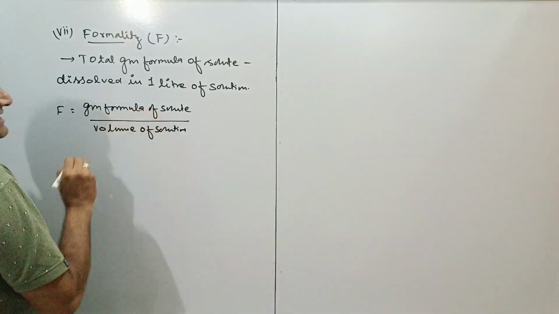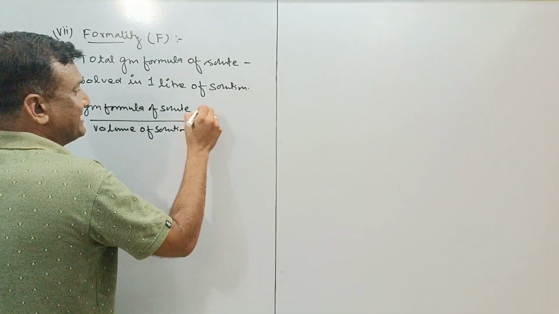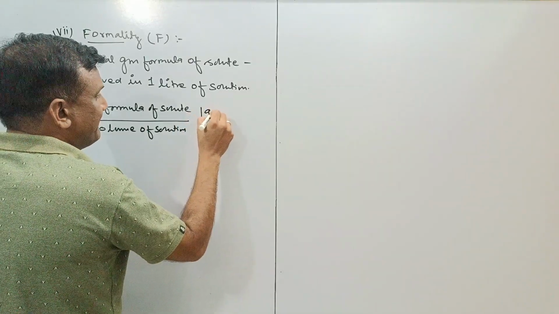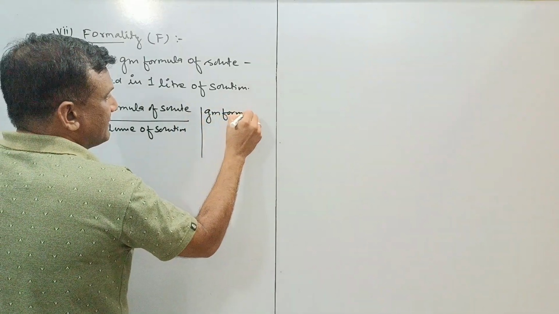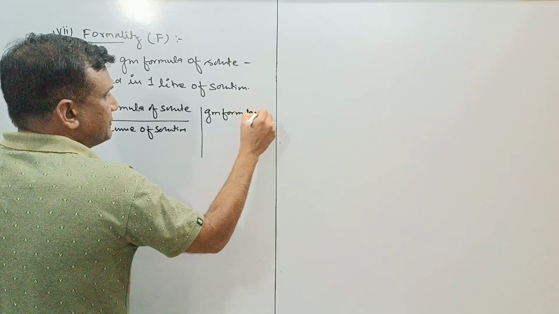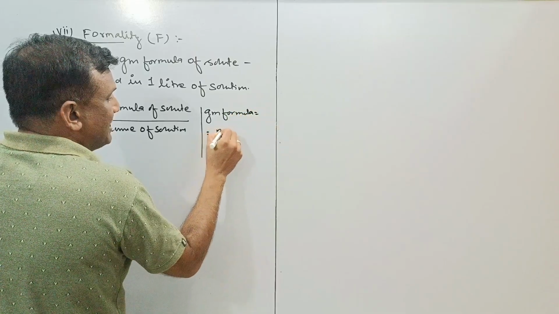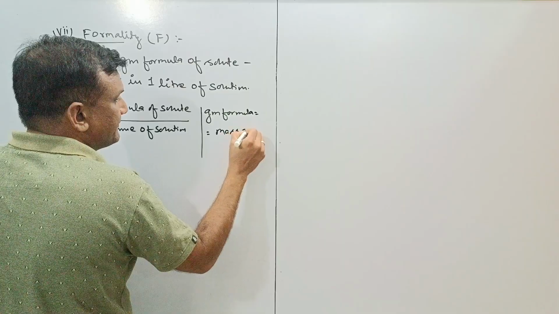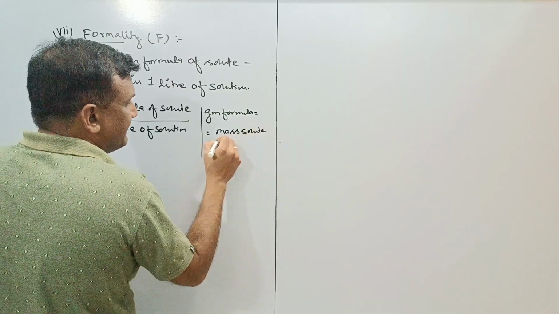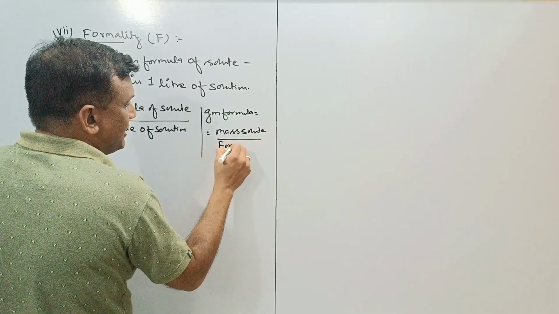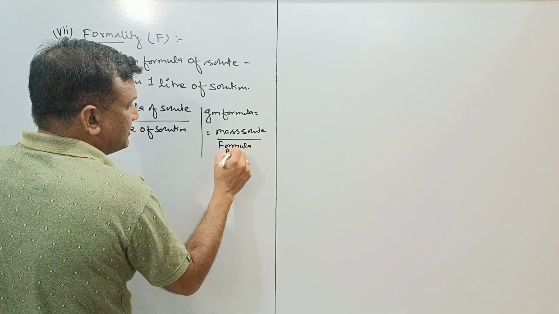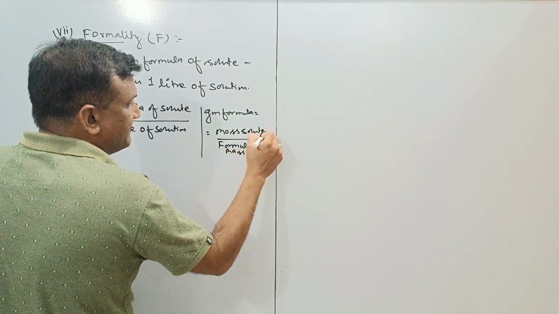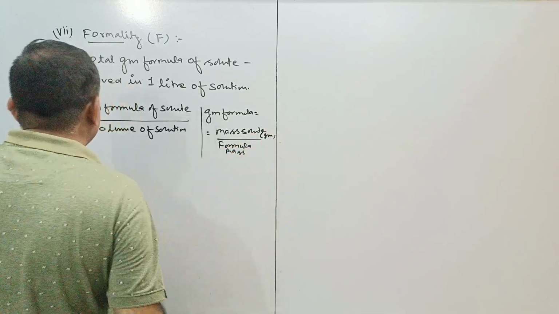If we go with the gram formula, then the gram formula is equal to mass of solute upon formula mass of solute. This will be in gram also.